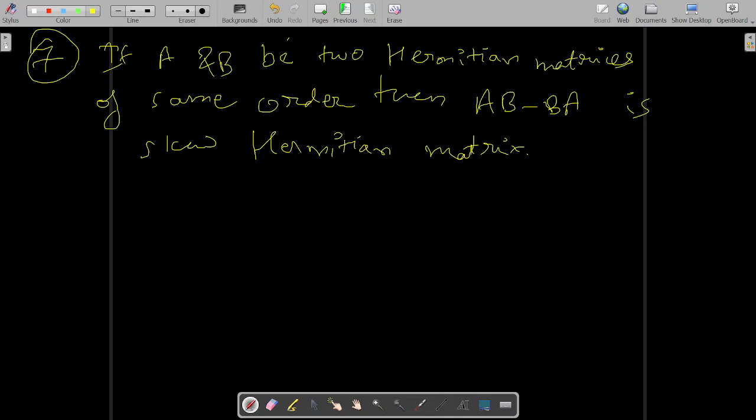This is also self-explanatory, and you can prove it yourself based on all those things which we have already proved earlier. You can easily prove this also.